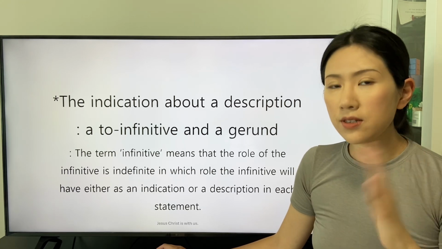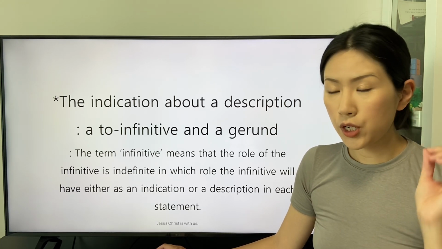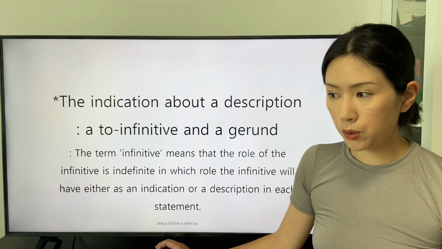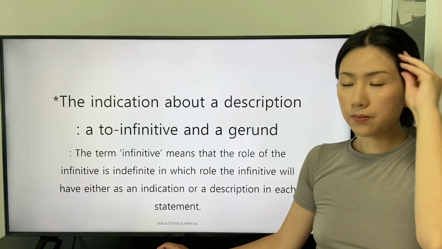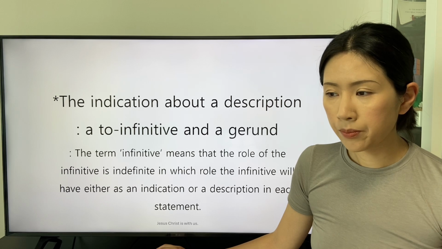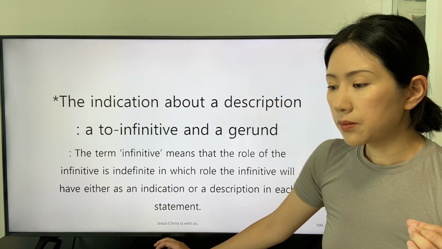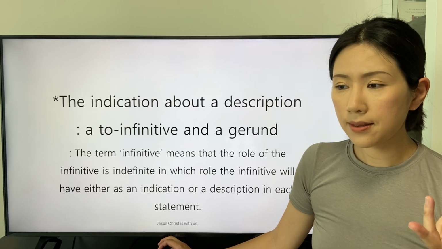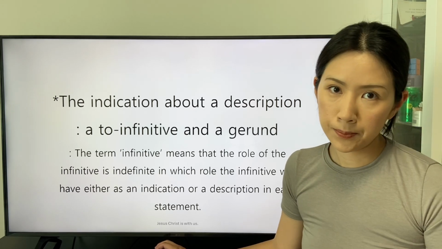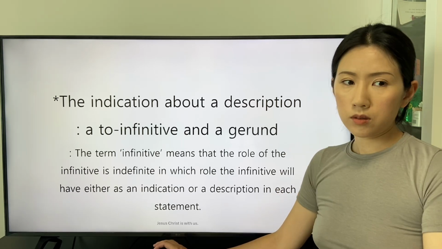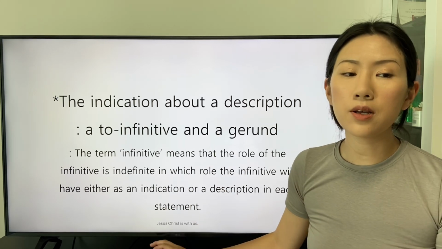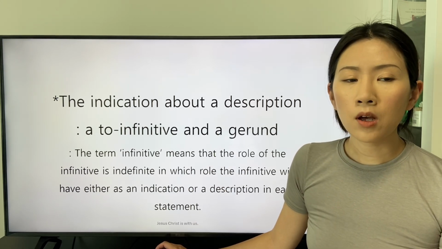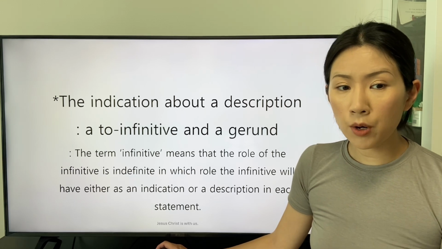The to-infinitive and gerund are also applied to indicate a subject or an object, that is a description. Let's start to study the indication about a description, a to-infinitive and a gerund.